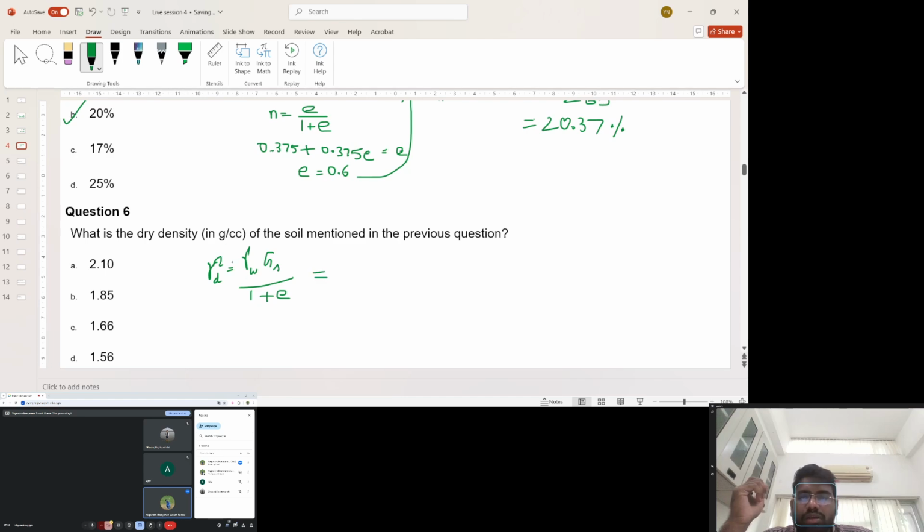Now you can calculate in gram per cc. Since it is in gram per cc, gamma w is 1 gram per cc, so 2.65 by 1 plus 0.6, 2.65 by 1.6. How much is it coming?